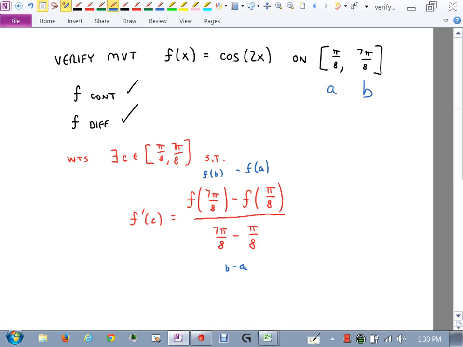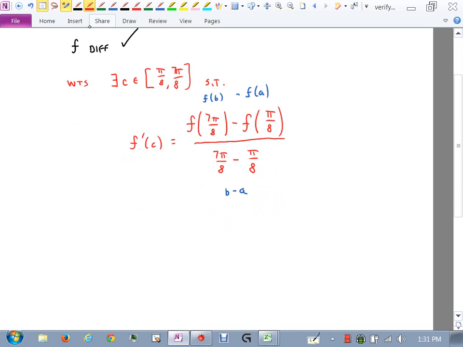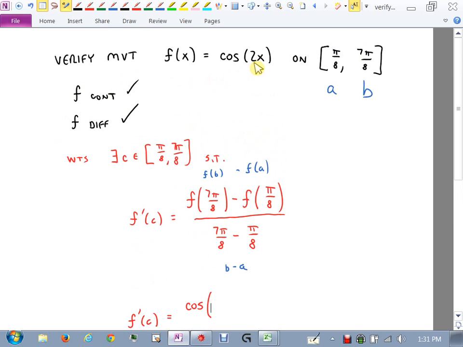Now you do have to plug 7 pi over 8 into that function up there. So if I plug that in, I'll take this a little slower. I'm looking at the derivative needs to be equal to cosine of, what happens if I plug 7 pi over 8 in for x right here? It becomes 7 pi over, if I double this, right? It becomes 7 pi over 4?